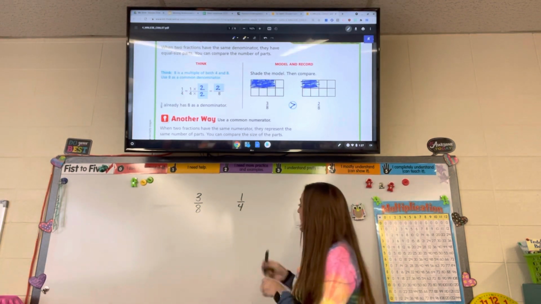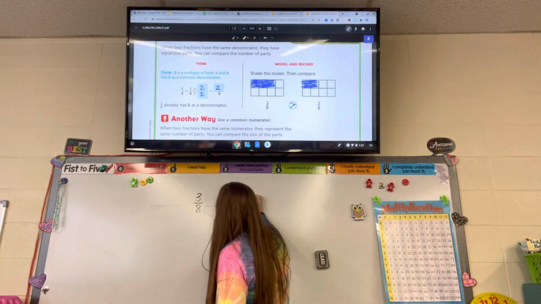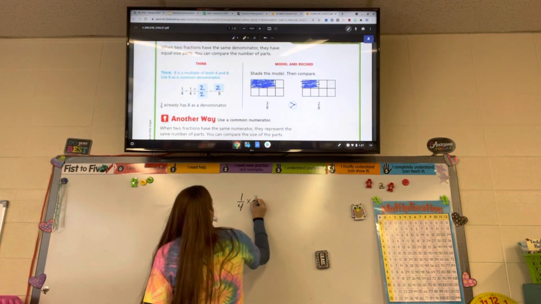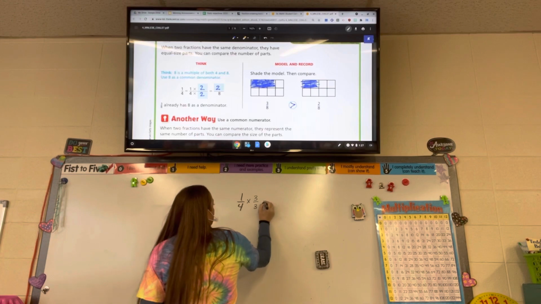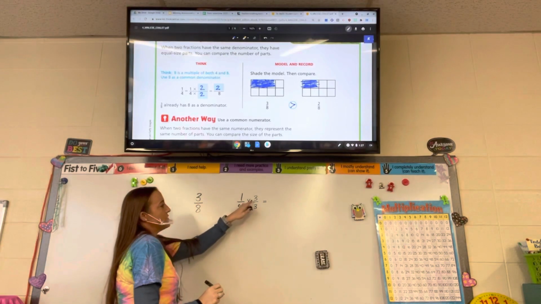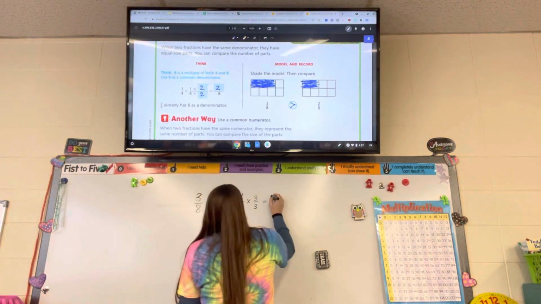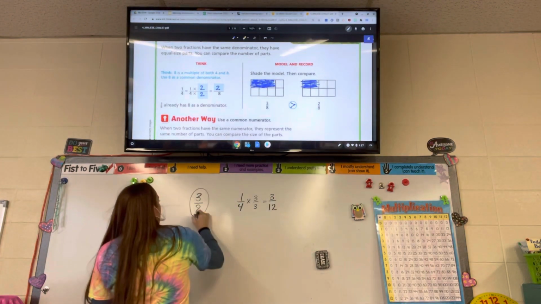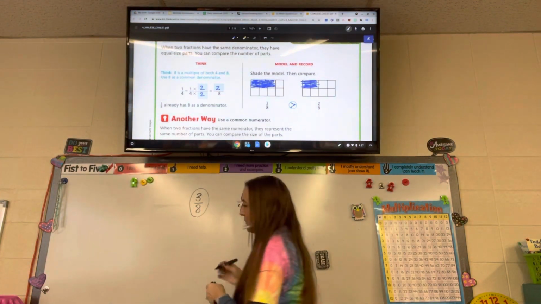And if I do it to the top, you do it to the bottom. So I'm going to multiply 1/4 times 3 over 3. What is 1 times 3? 3. And 4 times 3? 12. So now I have the fractions 3/8 and 3/12.